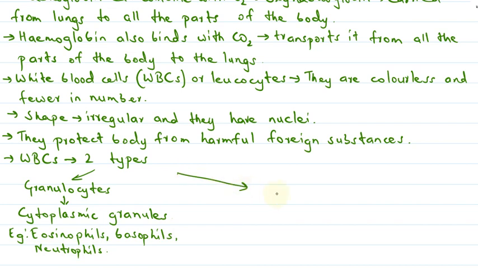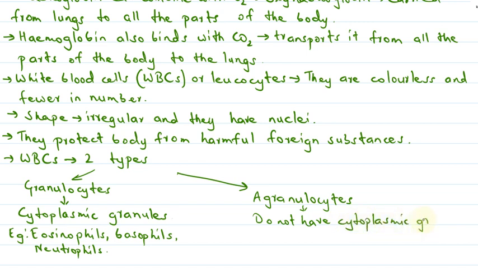The other type of WBC are called agranulocytes. Okay. So agranulocytes, they do not have the cytoplasmic granules.